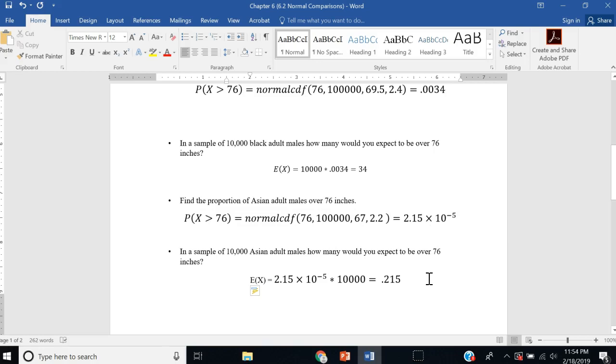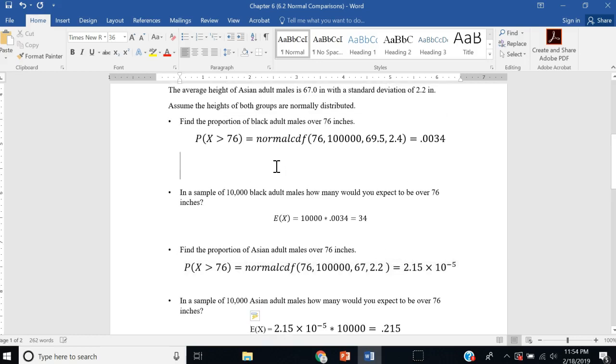Since you find more tall black adult males than Asian adult males, you might see black adult males be more represented in basketball, like the NBA, than Asian adult males. Now, this isn't a complete story of that. Don't get me wrong. There are all kinds of other factors that go into it, but this may be one factor that goes into something like that. Okay, so there you go.